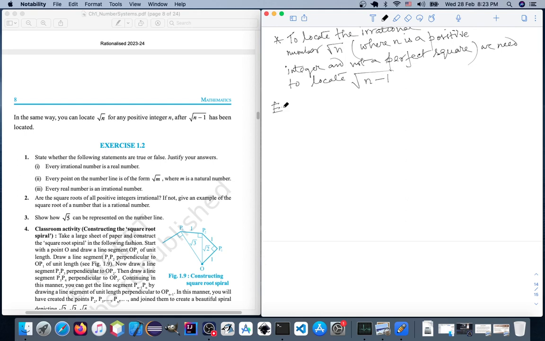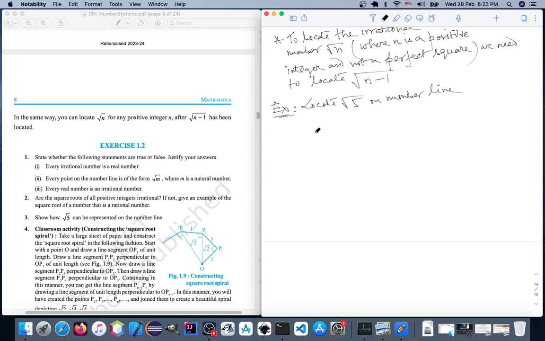Locate, let's say, root 5 on the number line. So to locate root 5 on the number line, what we need is to locate root 4, and root 4 we already know is 2.